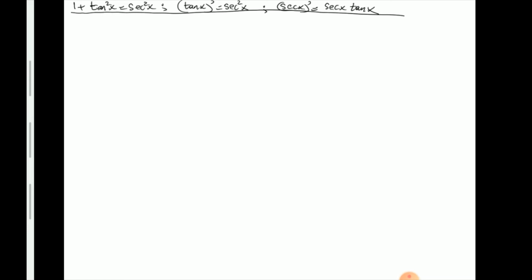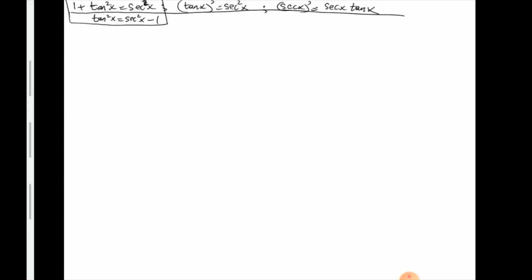So the identity is 1 plus tangent squared equals secant squared. And we can use it in both directions, either to get tangent in terms of secant or secant in terms of tangent. So in some applications, we're going to use this identity by replacing tangent squared as secant squared minus 1. So the same identity can be used in both directions.